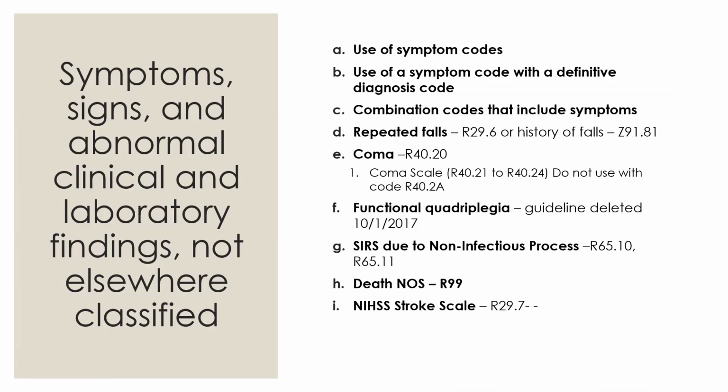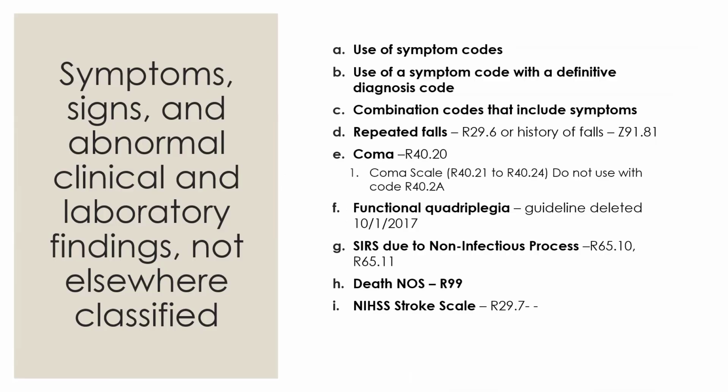Use of a symptom code with a definitive diagnosis code. Codes for signs and symptoms may be reported in addition to a related definitive diagnosis when the sign or symptom is not routinely associated with that diagnosis, such as various signs and symptoms associated with complex syndromes.